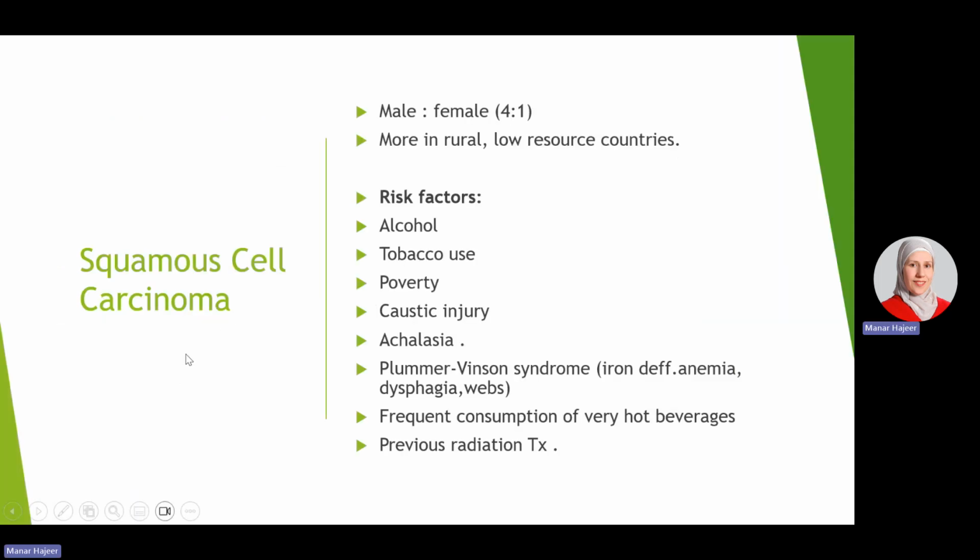The other type of cancer is called squamous cell carcinoma. Male to female ratio: again, it's higher in males, but here it's 4:1. It's more in low resource countries and underdeveloped countries. The risk factors here are not related to reflux esophagitis.